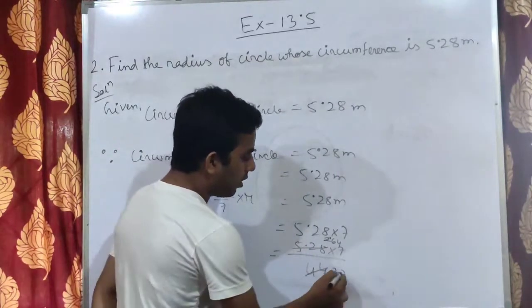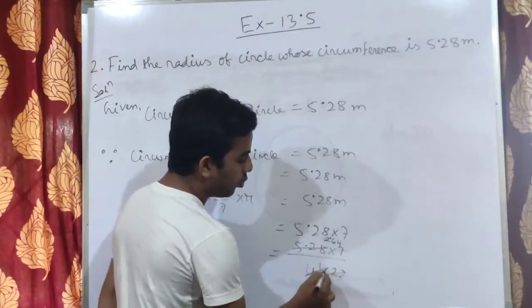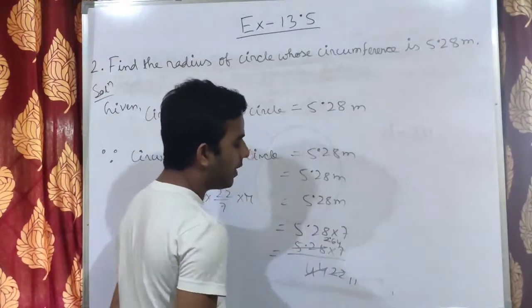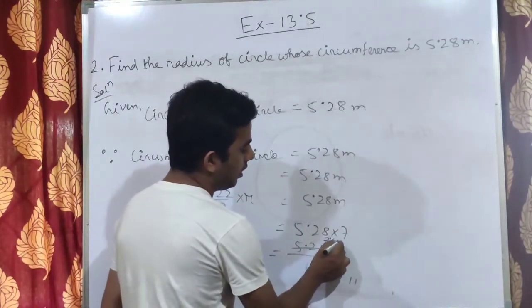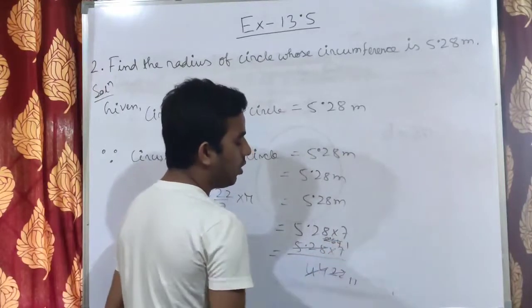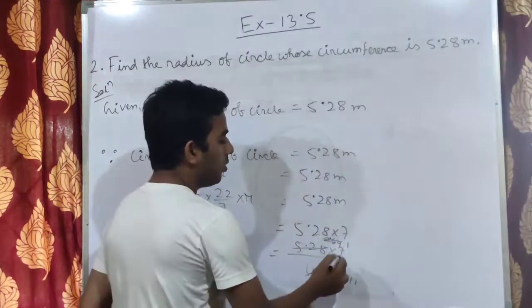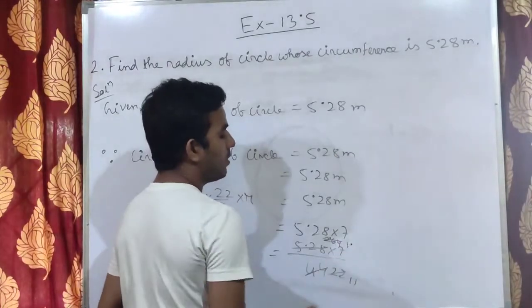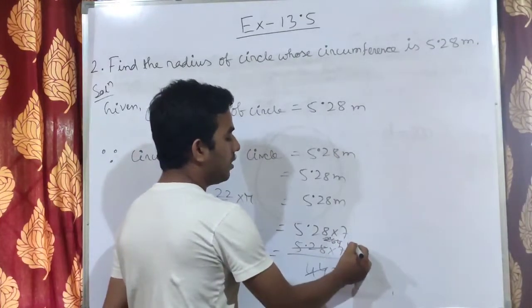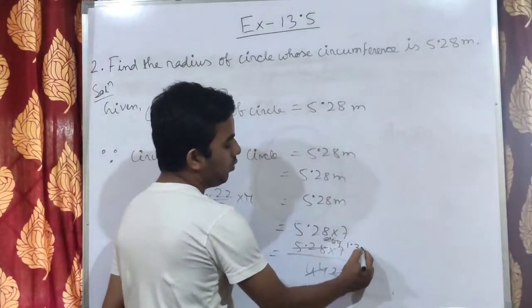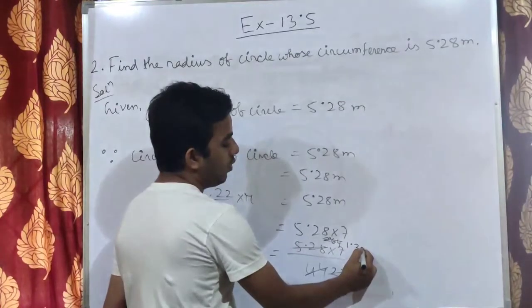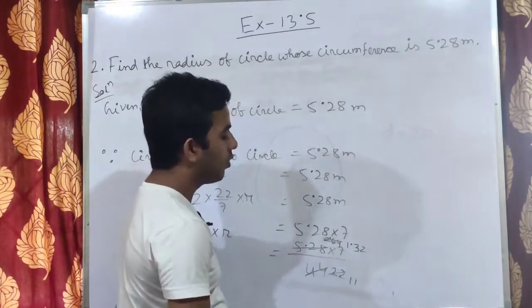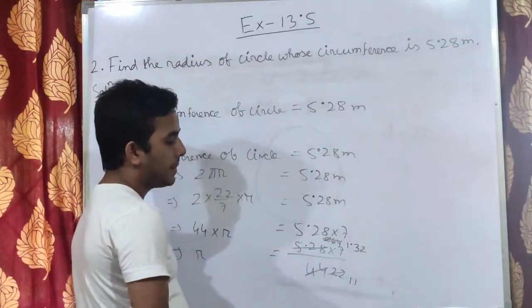Again we will cancel with 2. 2 into 11, then 2 ones are 2, then 2 threes are 6, then 2 twos are 4, right?